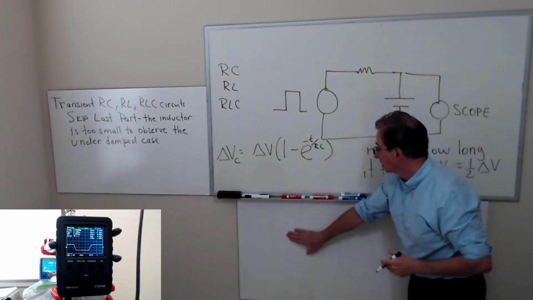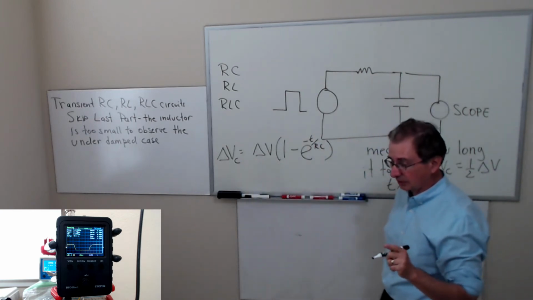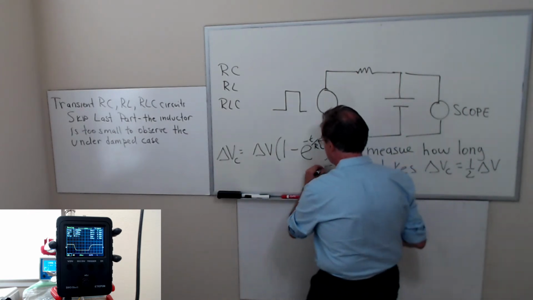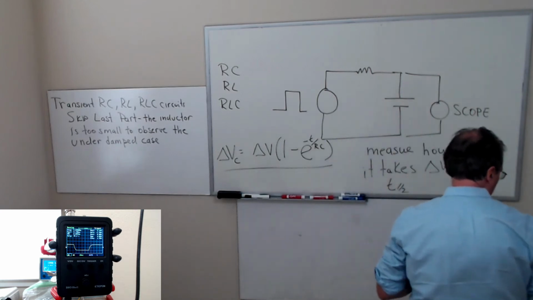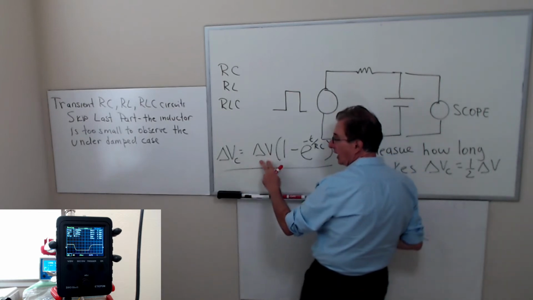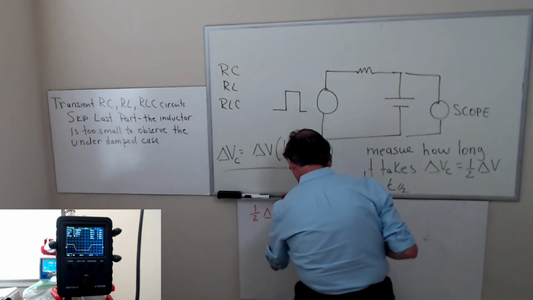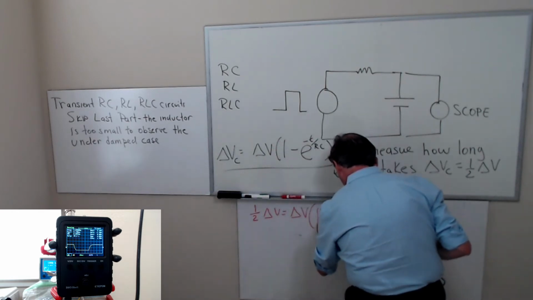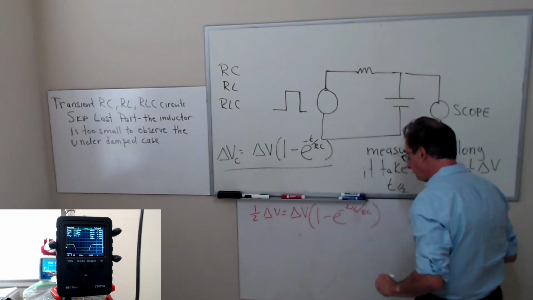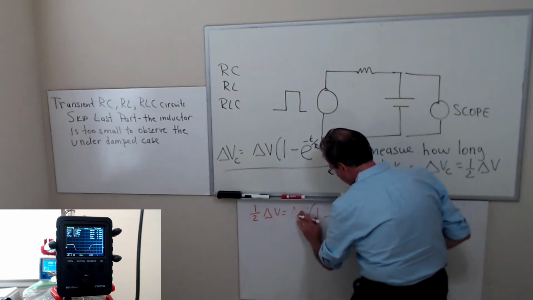So you'll set this up, and then we're going to be able to calculate C if we know R. So let's assume that, and this is the theory section, by the way, in your lab. In your lab, you're going to be expected to derive this. You're not going to derive it from scratch. You start from here and then carry out your derivation. So let's let this be half of that. Well, this thing ends up being a half, so I can cancel out the delta V's.